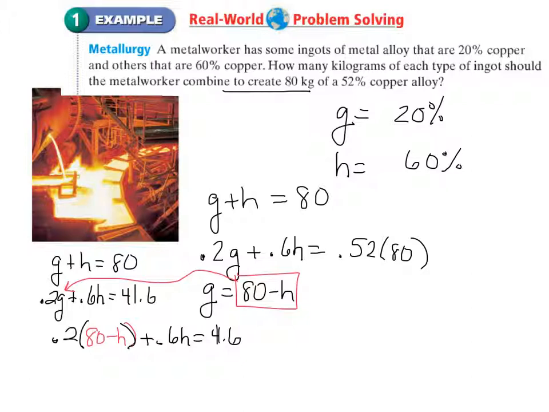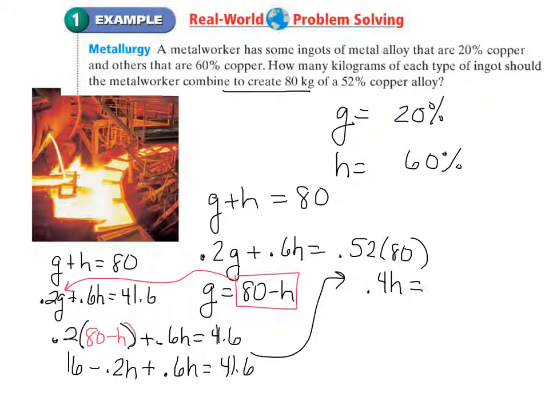So 0.2 times 80 gives me 16 minus 0.2 H plus 0.6 H equals 41.6. I'm going to move up here since I ran out of room. Negative 0.2 H plus 0.6 H gives me 0.4 H. I'm going to subtract the 16 on the other side. That gives me 25.6. I divide by 0.4. That gives me H is 64.